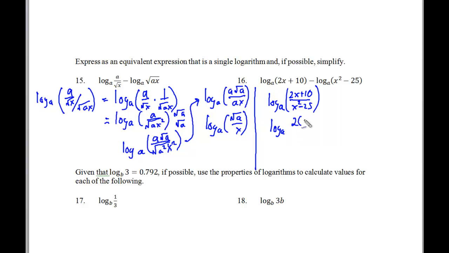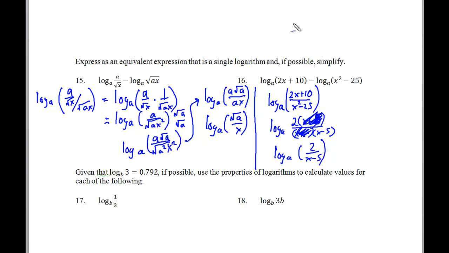The numerator we can factor out a 2, 2 times x plus 5, sorry about the little mess there, and that's over, this is a difference of squares, x plus 5, x minus 5. So the x plus 5's cancel out, or simplify to 1, and so log base a of 2 over x minus 5.